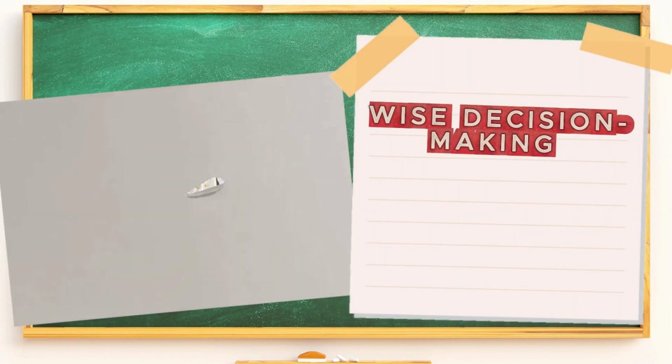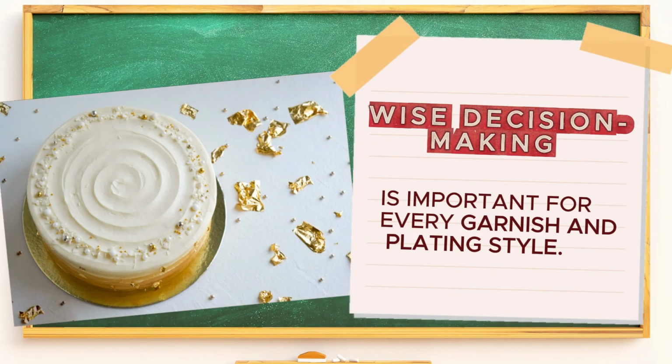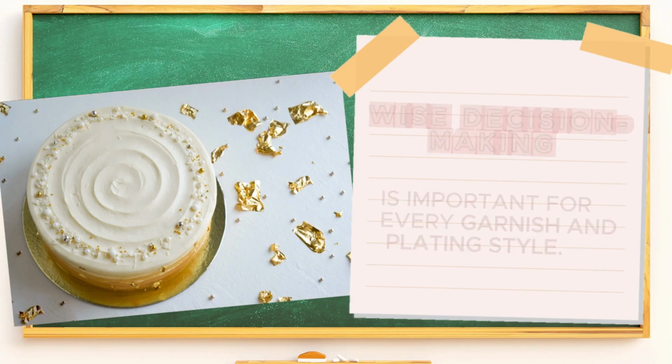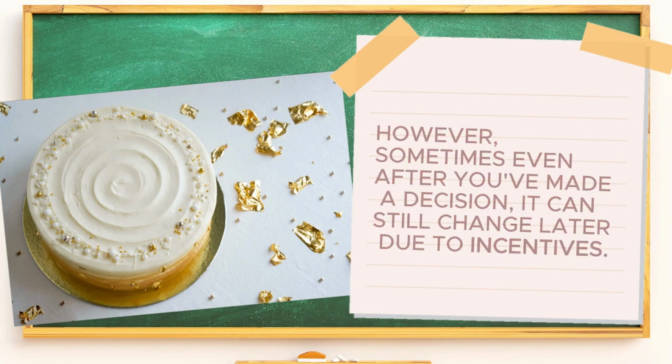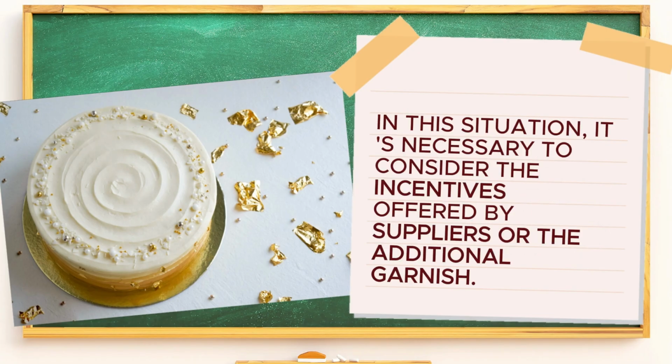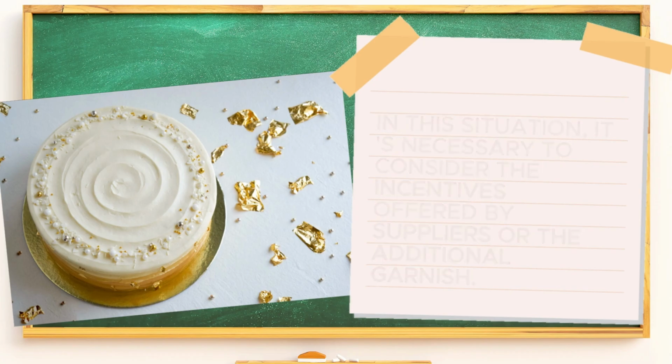Wise decision making is important for every garnish and plating style. However, sometimes even after you've made a decision, it can still change later due to incentives. In this situation, it's necessary to consider the incentives offered by the suppliers, the additional garnish.